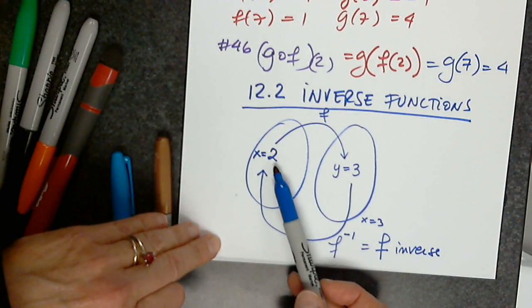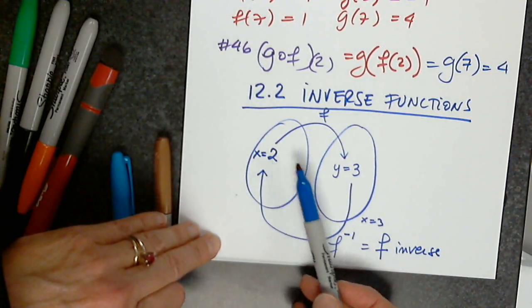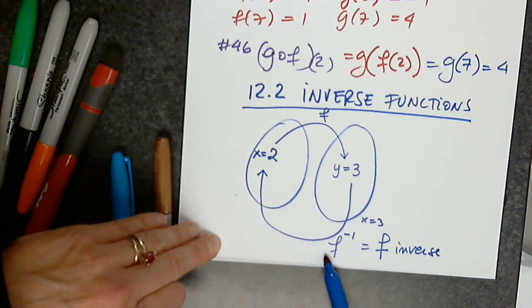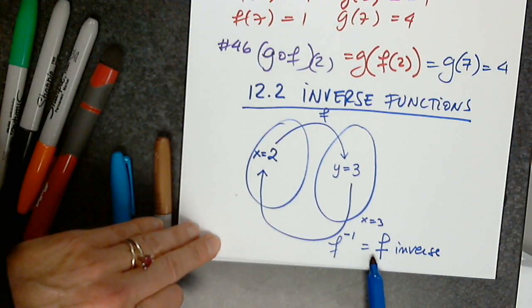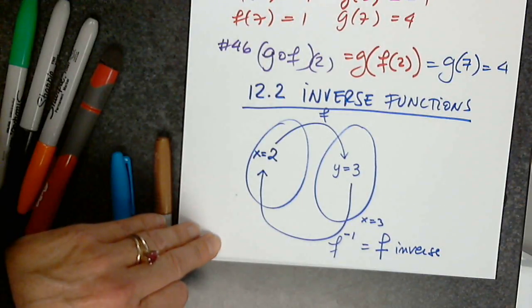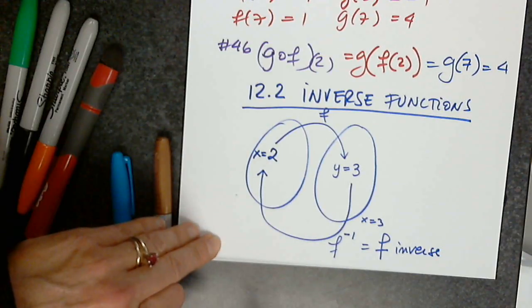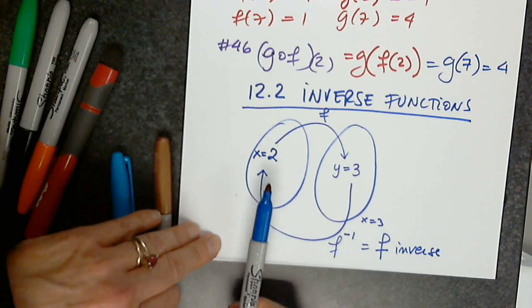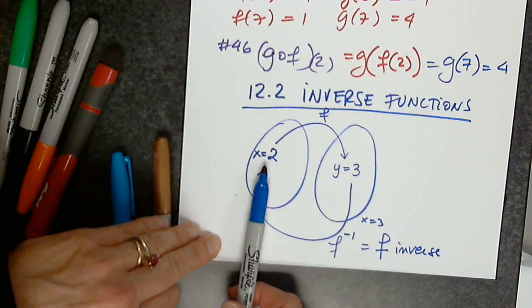So if the function is applied to 2 and returns 3, when I apply the inverse function to 3, what should I get back? If this is indeed the inverse function of that. Exactly.